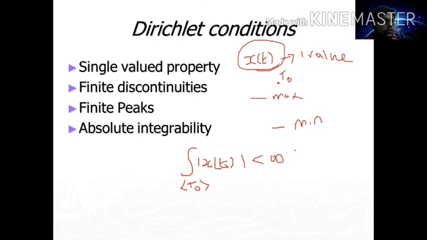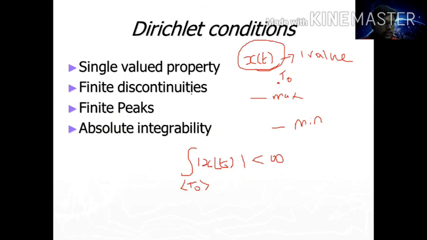So with this I conclude this video. Once again I will repeat these four points. Dirichlet's condition means single value property, finite discontinuities, finite peaks, absolute integrability. Single value property means x of t should contain only one value at any time within the interval t naught.